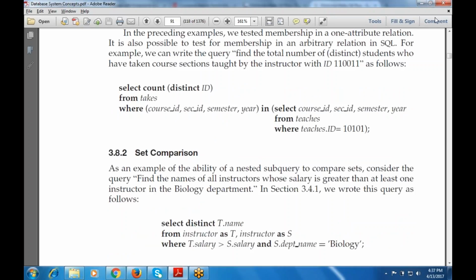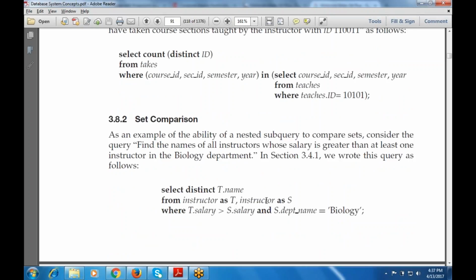The next part available is set comparison. As an example of the ability of the nested subquery to compare sets, we use the query: find the names of all instructors whose salary is greater than at least one instructor in the biology department.